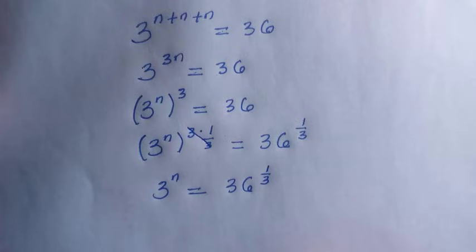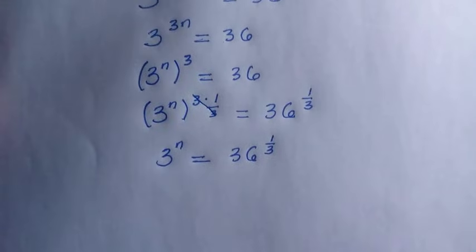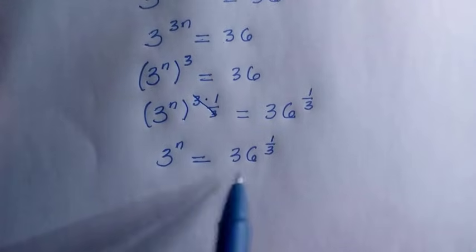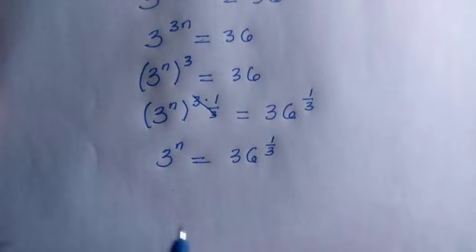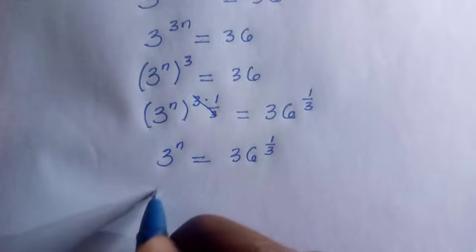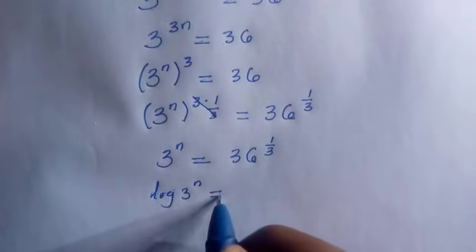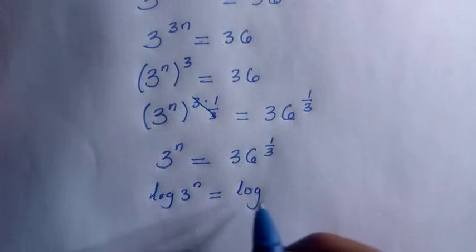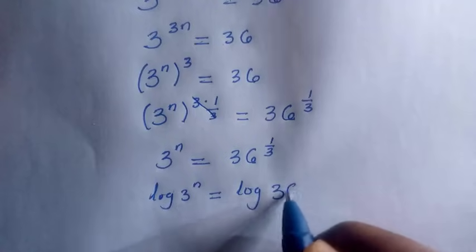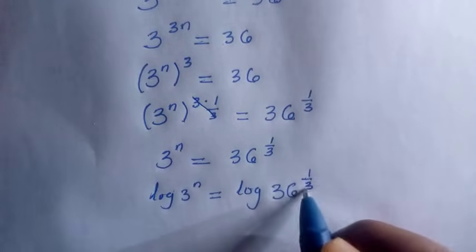Getting to this stage, we are going to introduce logarithm to both sides, as we have log 3 to the power of n equals log 36 raised to the power of 1 over 3.